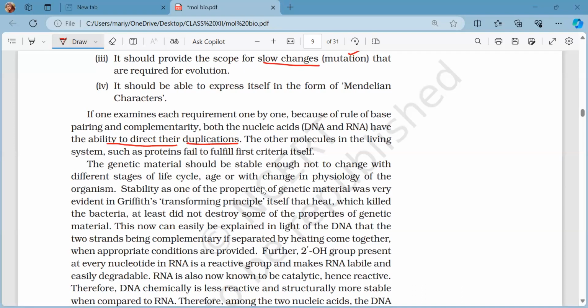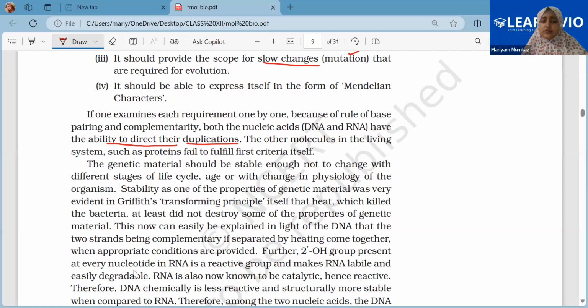Stability as one of the properties of genetic material was very evident in Griffith's transforming principle. It showed that heat, which killed the bacteria, at least did not destroy some of the properties of genetic material. This can now easily be explained in the light of DNA: the two strands being complementary, if separated by heating, come together when appropriate conditions are provided.